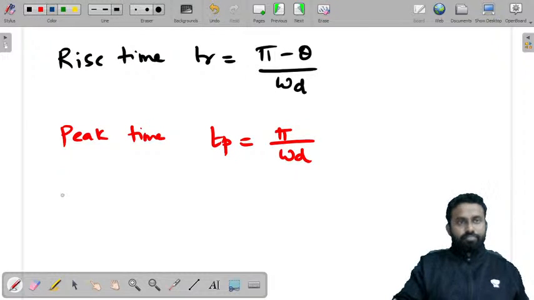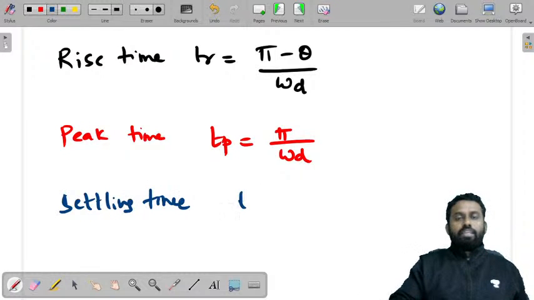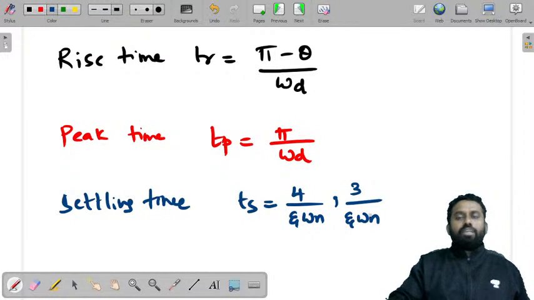Next, settling time, ts is equal to 4 by zeta omega n and 3 by zeta omega n. And the last one was maximum peak overshoot.